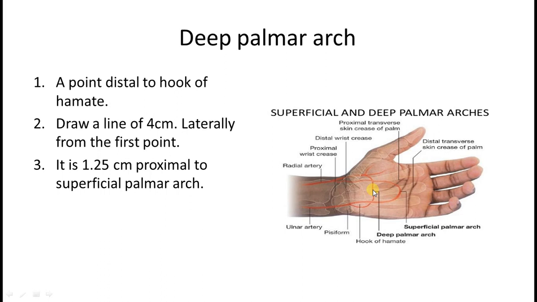Or very simple, you need not draw the superficial palmar arch also. You just take the lower border of the extended thumb, come to the palm opposite to that region, and 1.25 centimeters above that you draw a horizontal line, and you connect it from the hook of the hamate to this horizontal line, and that gives the surface projection for the deep palmar arch.